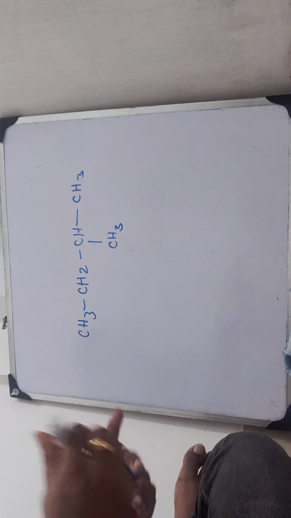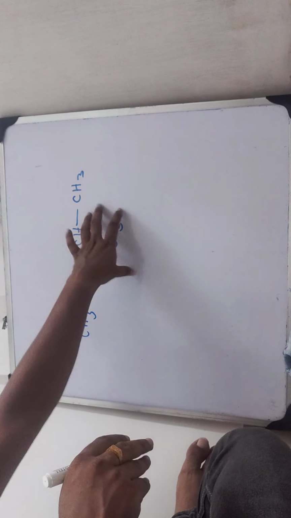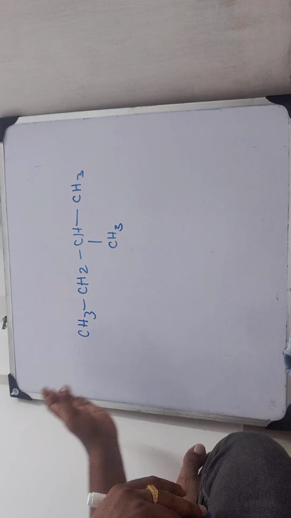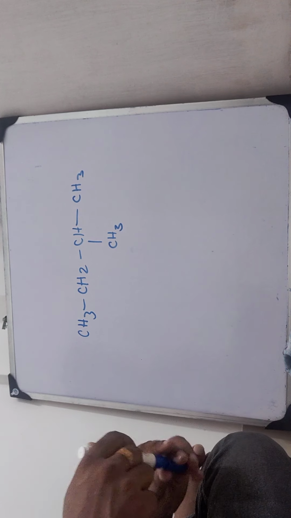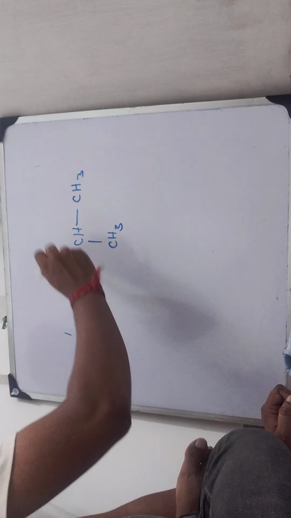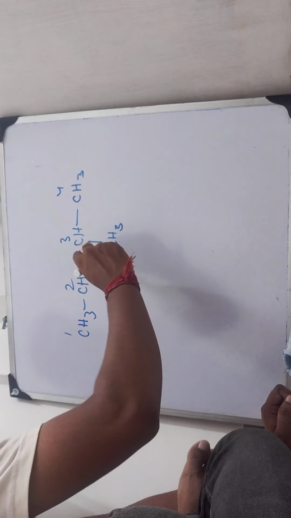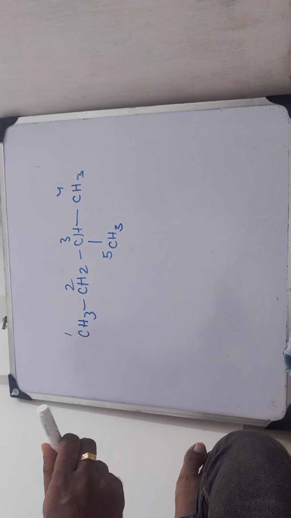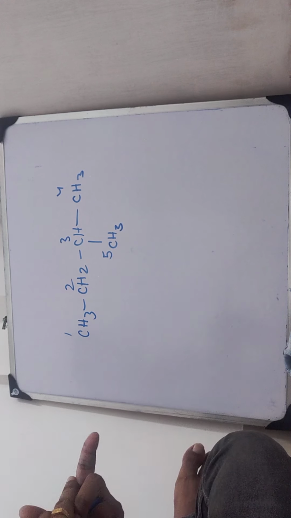Now this is a compound in which you can see a branch here. If this is the longest chain, then this is the branch. So I have found the longest chain. Some of you will think, sir, 1, 2, 3, 4, 5 is the right one, the longest chain which carries 5 carbon atoms. I will say no, my dear.